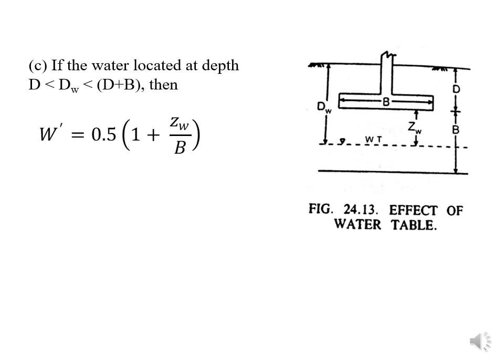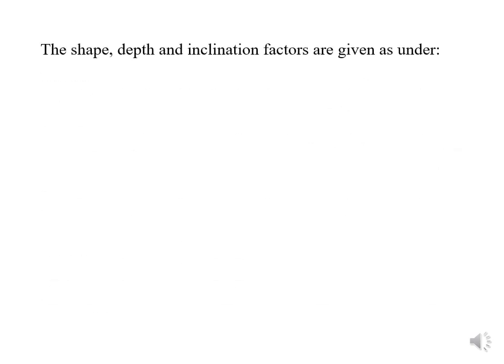W dash is equal to 0.5 into (1 plus ZW by B), where B is the width of the footing and ZW is the depth of the water table below the base of the footing. And we can calculate gamma average for the third component, because density is also there in the third component. So that density value will be gamma average. So this is about the effect of water table.